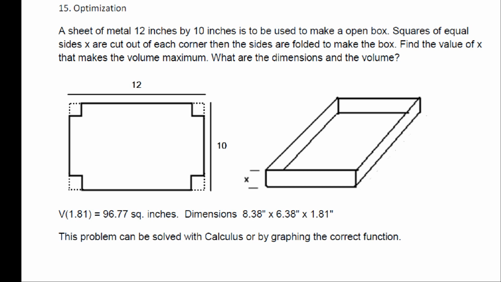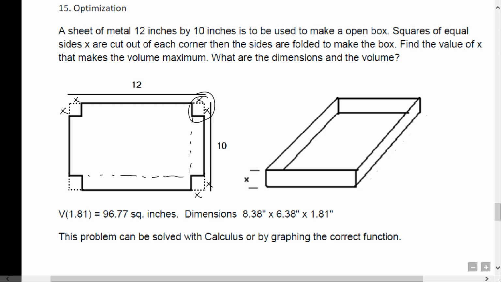We're going to cut out these square corners. Each piece will have a length of x, and then we're going to fold up and create a box. And the idea is to get a box with maximum volume.